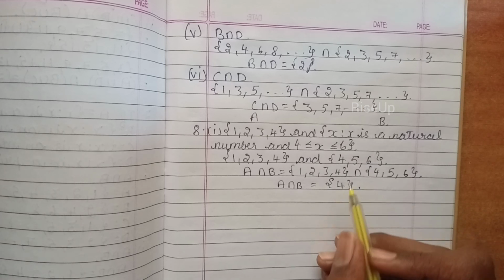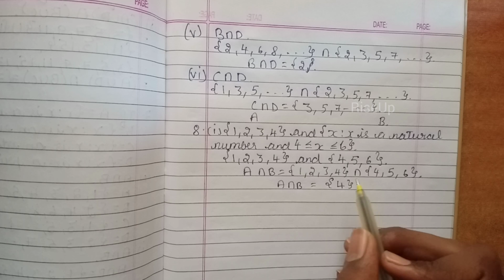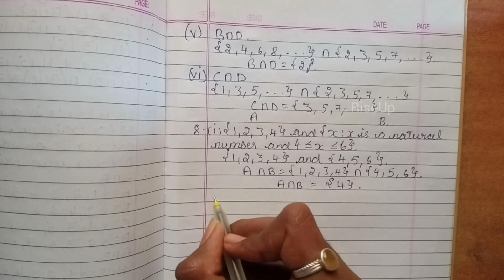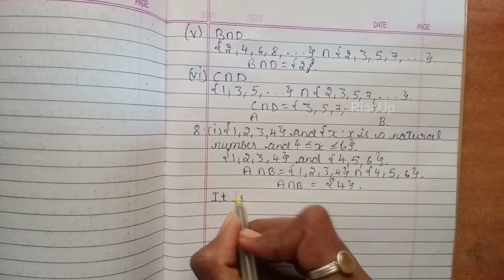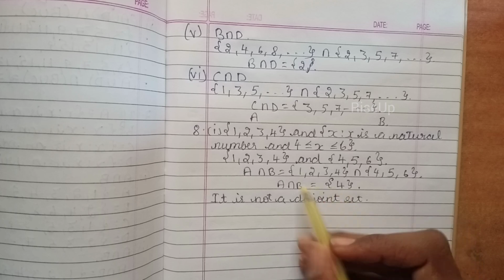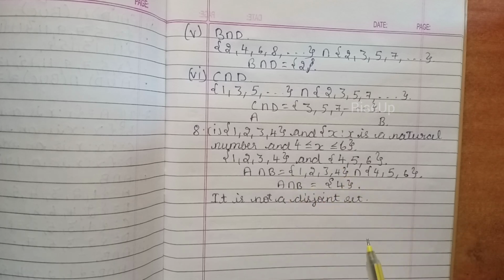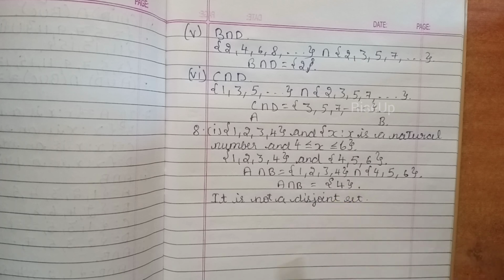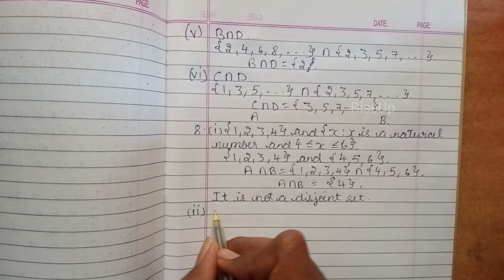They have asked which of the following sets are disjoint. Disjoint means no element should be common. Here one element is common, so it is not a disjoint set. The reason is the element 4 is common in both the sets, so it is not a disjoint set.